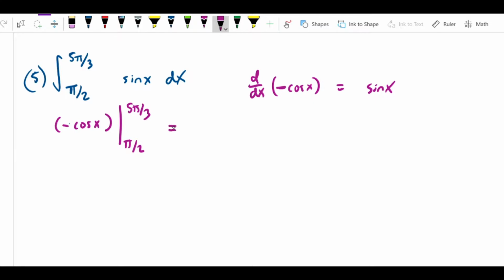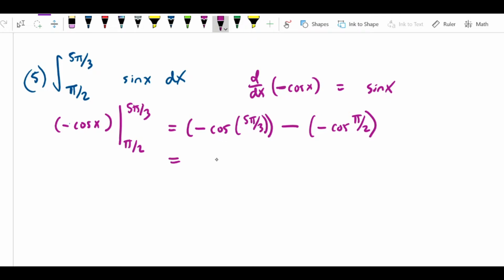Okay, so what we need to do is find negative cosine of 5 pi over 3 and subtract from that negative cosine of pi over 2. Cosine of 5 pi over 3 is 1/2, so negative cosine is negative 1/2.